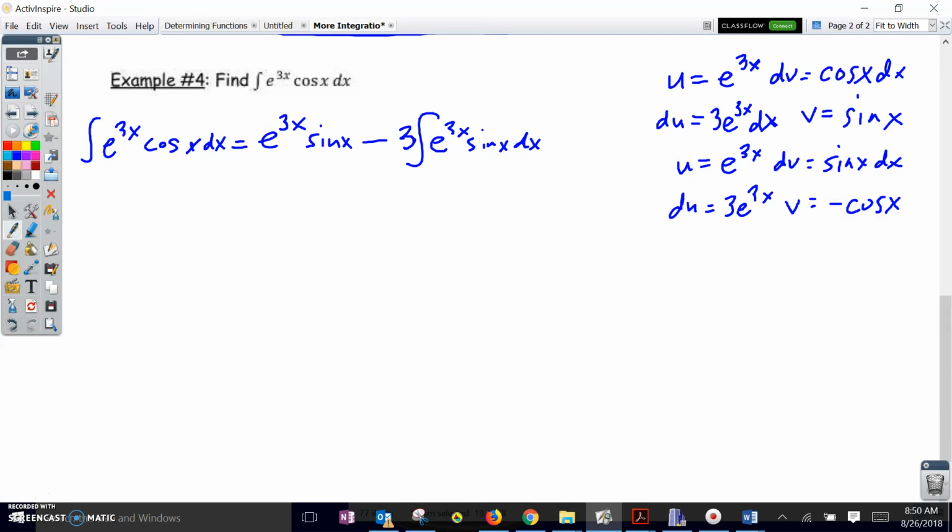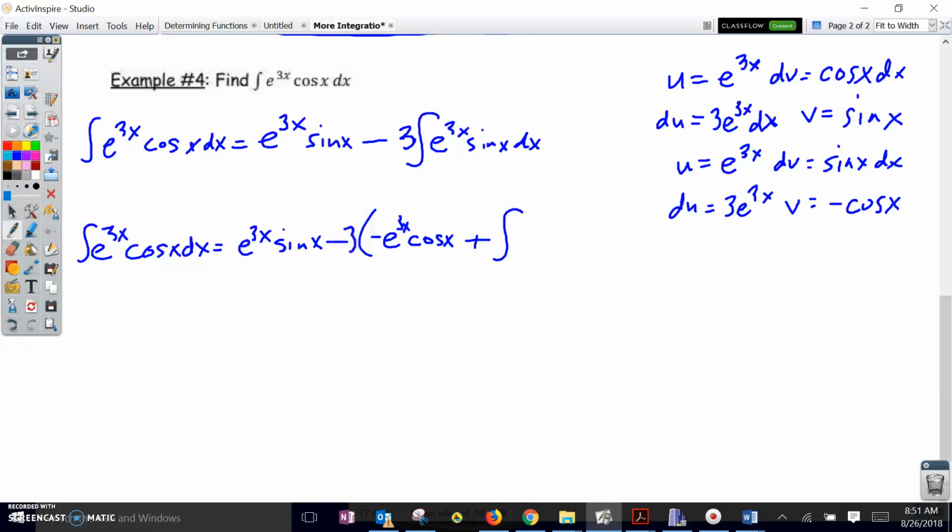And now I've got integral of e to the 3x cosine of x dx equals e to the 3x sine of x minus the quantity u times v, so that's negative e to the 3x cosine of x, minus the integral of v du, and since I've got a negative in there, I'm going to change that to a plus.